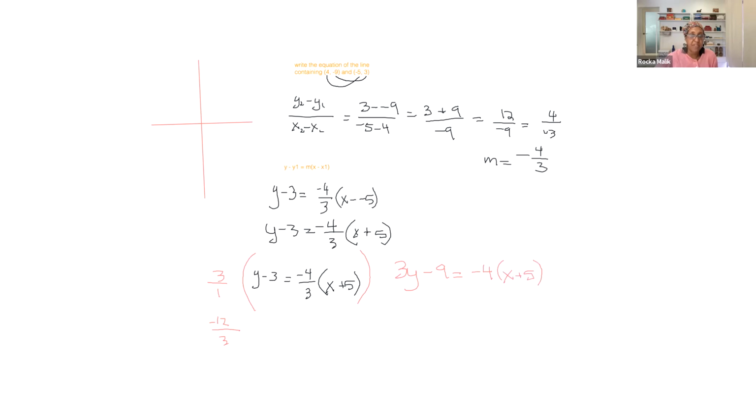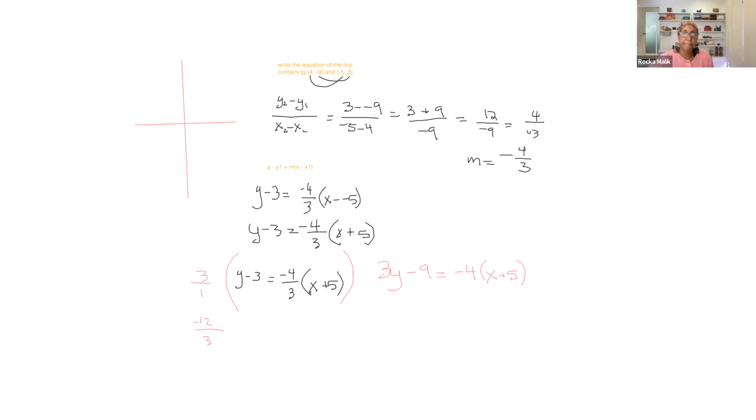Okay, so now I can work my magic without having to be taking so much time with the fraction. So 3y minus 9 equals negative 4x minus 20. And do you want to put it in standard form or slope-intercept form? Now is your chance to choose.